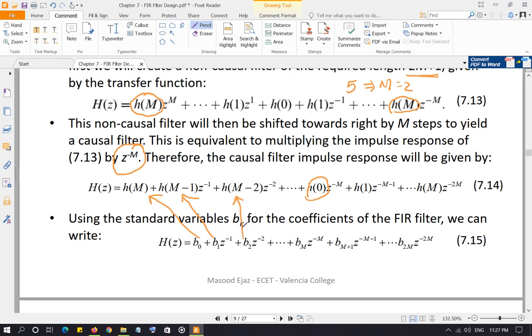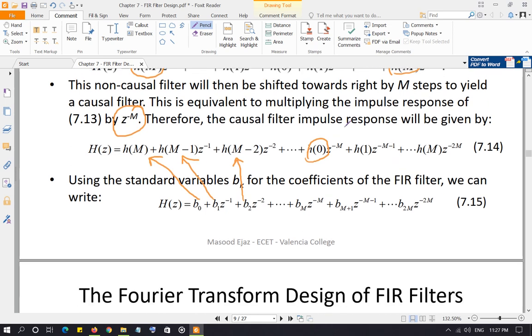So you don't really have to change anything as far as manipulation is concerned for the values of h. When you're shifting, whatever the first value is going to be the first coefficient, the coefficient of z to the power 0, the second coefficient is going to be z to the power negative 1, and so on and so forth.